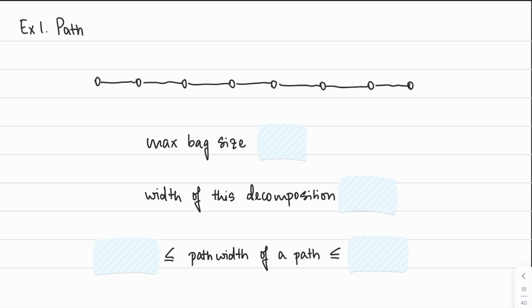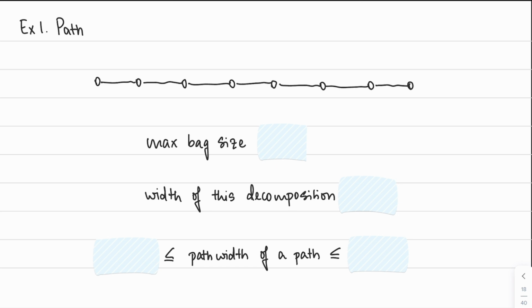At least when we are trying, we want to keep the bag sizes as small as we possibly can. So with a path, it really offers itself up for a fairly natural path decomposition that only has 2 vertices per bag. Can you find it? Maybe this is a good place to again pause the video and try to work this out for yourself, because we are going to discuss the details in just a moment now.